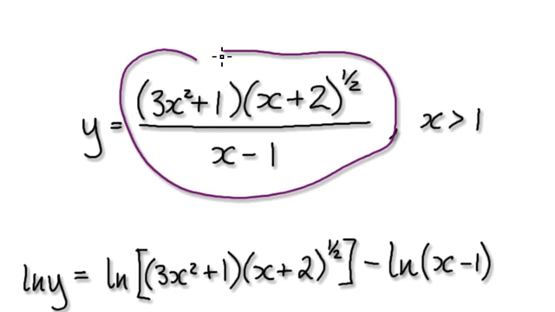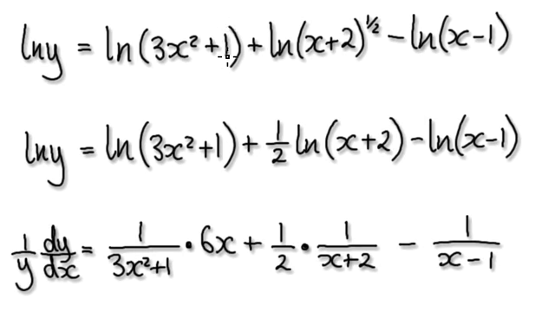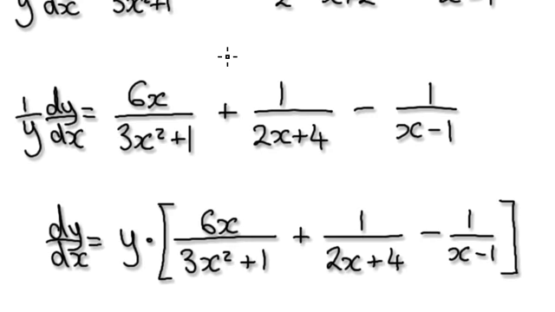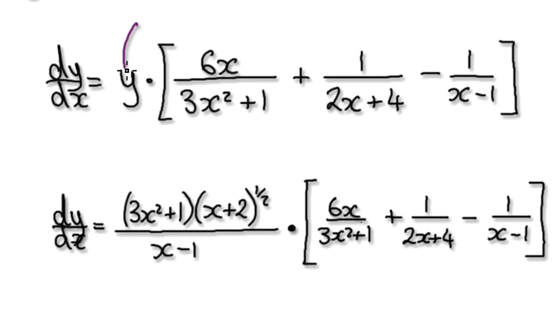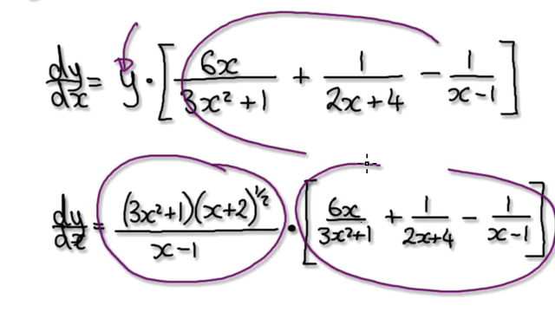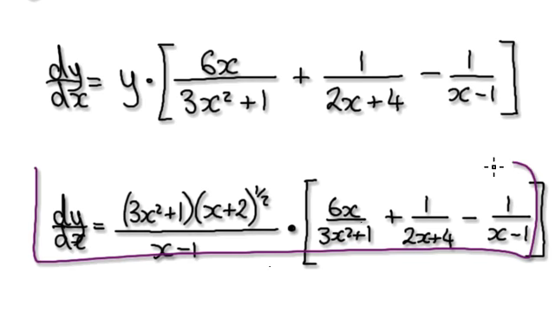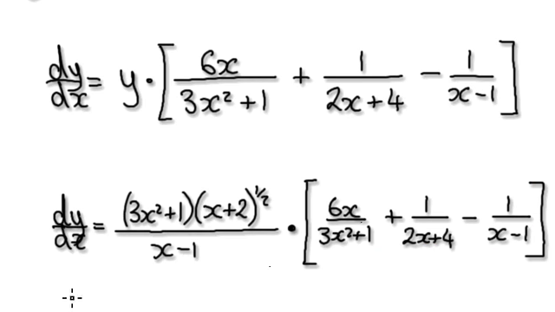Originally y was this here. So now we're going to put this y back into our solution here. So this was our y here, and then when you times it with what we had up here. Okay, so your final answer would be this here: dy by dx equals this.